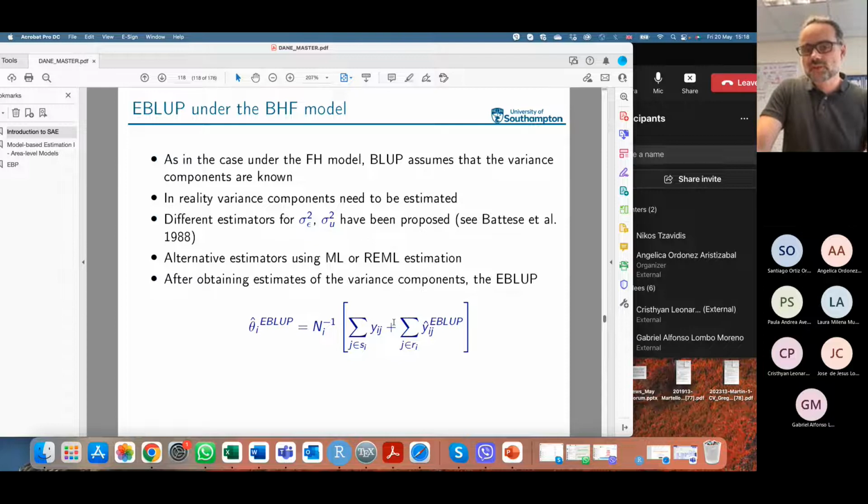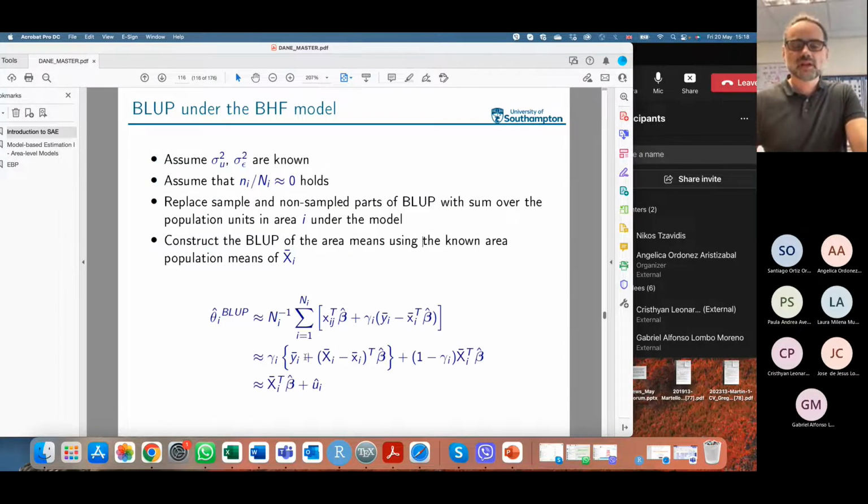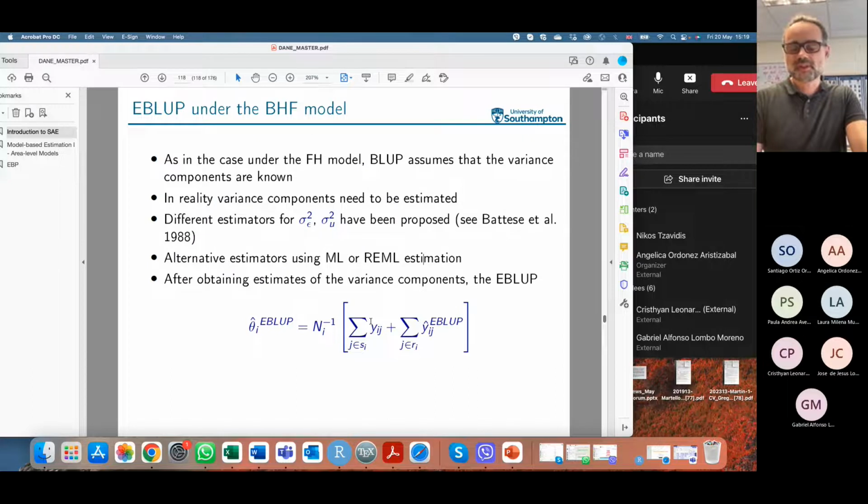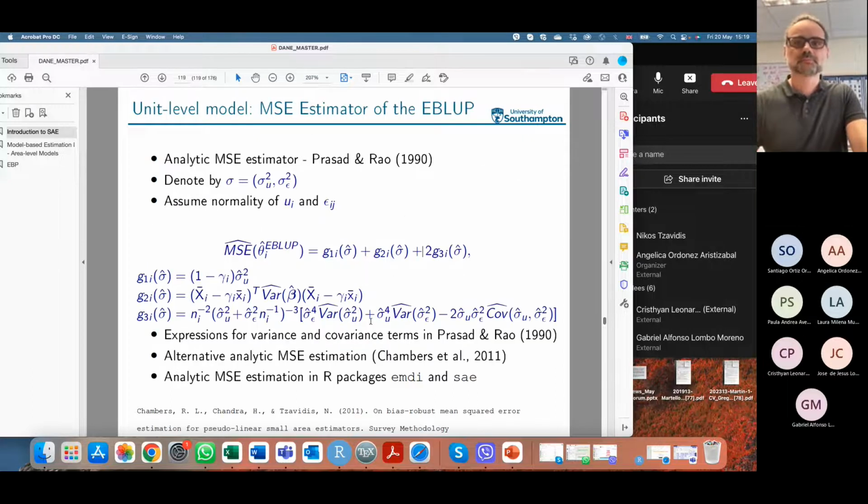Different ways of using maximum likelihood or restricted maximum likelihood, but at the end of the day, the EBLUP, the empirical best linear unbiased predictor, will have the same form as the BLUP, with the only difference that now you will replace gamma i with gamma i hat, which is computed using the estimated values of the variance components. But the idea remains the same.